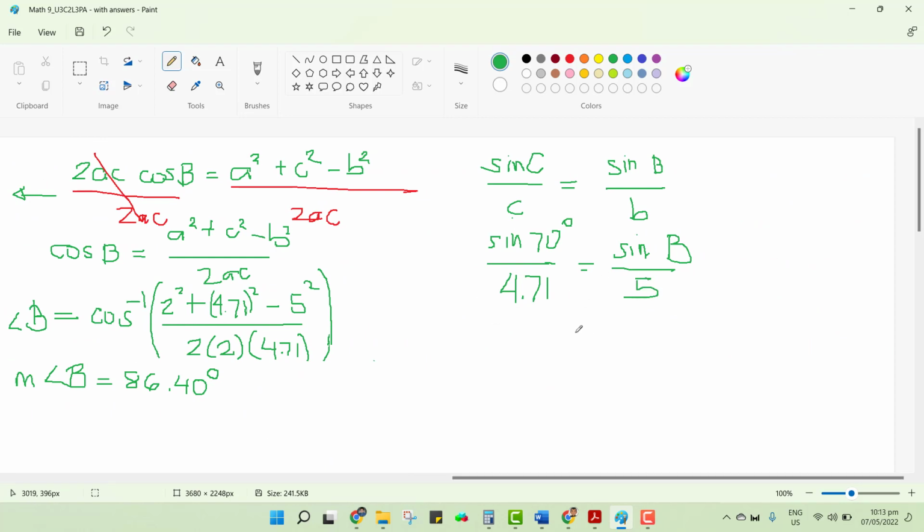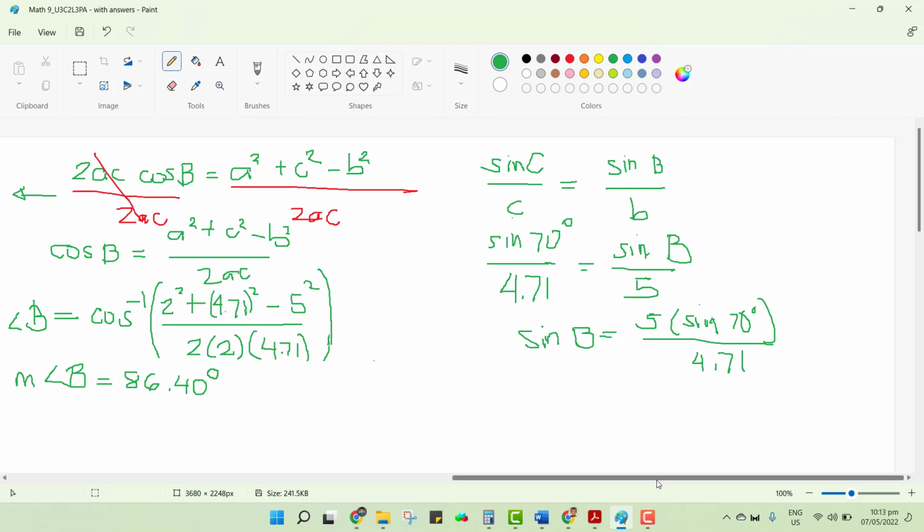So cross multiply. You will have, I'm going to use the symmetric property automatically, sine B is equal to 5 times sine 70 degrees all over 4.71.